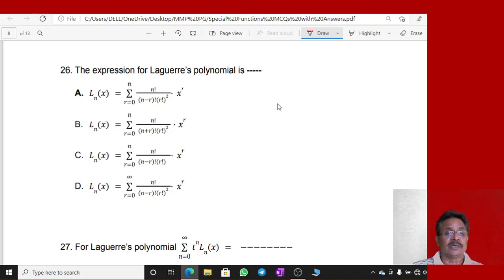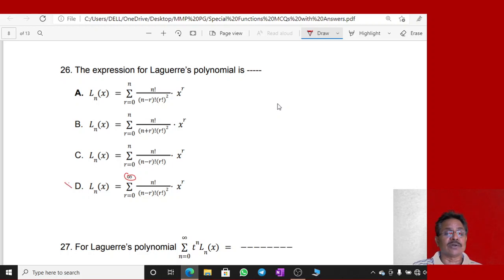In the third option we have n!/((n − r)! r!) with the square not written there, and the last one is n!/((n − r)! (r!)²) x^r, but here the value of r from r = 0 to n has been taken to infinity, and this is how it is not applicable.